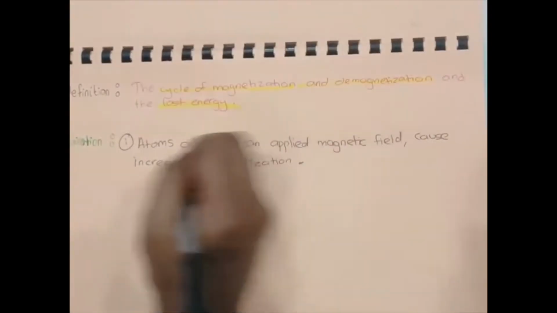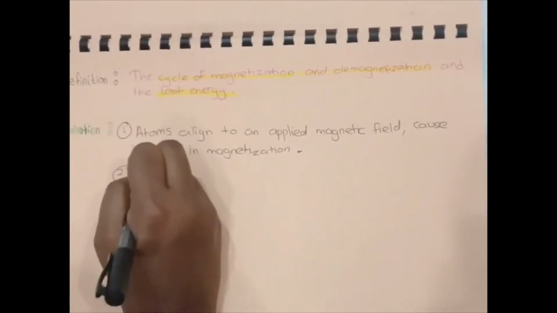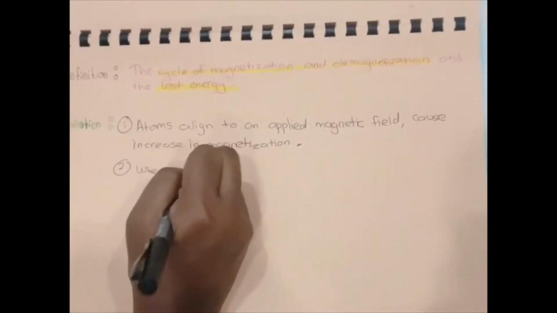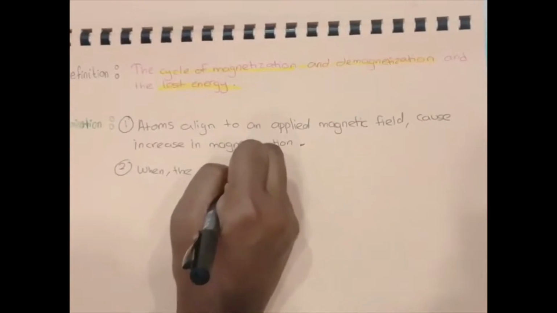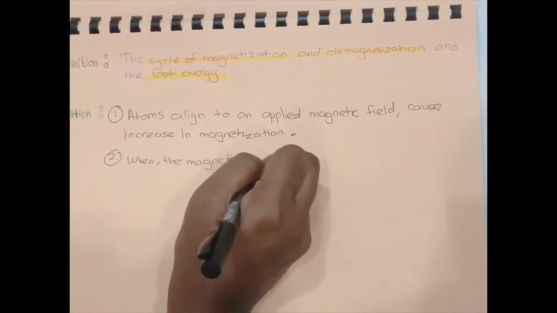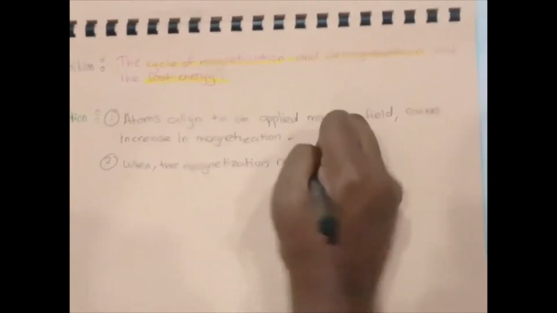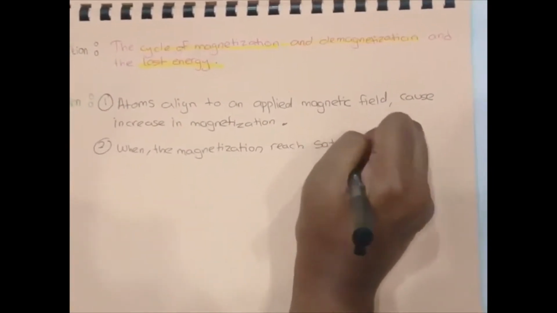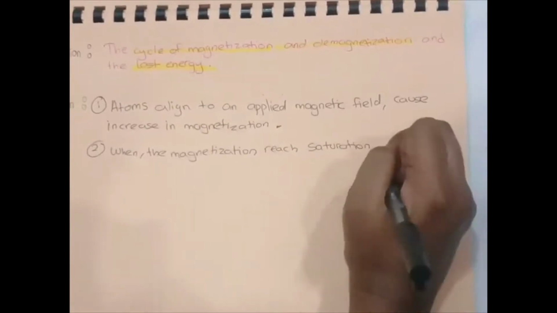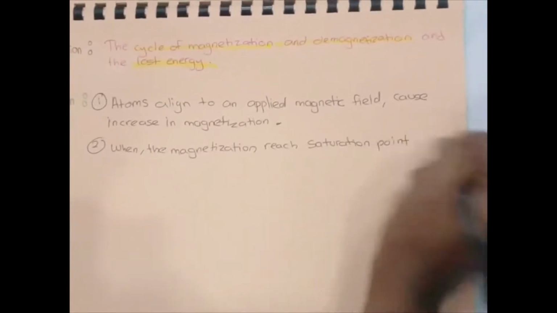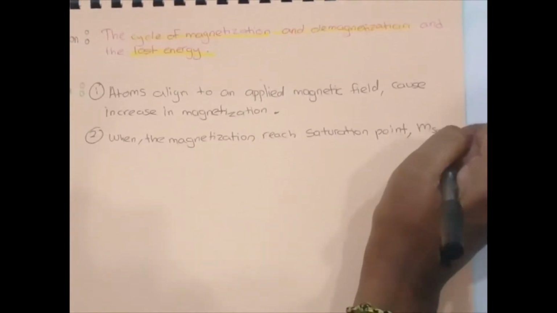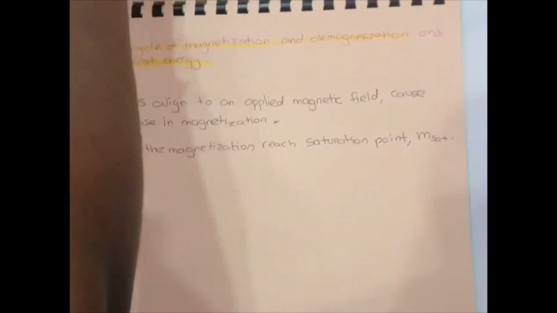The second point is that when the magnetization reaches the saturation point, we call it M saturation. It is this point, M saturation.